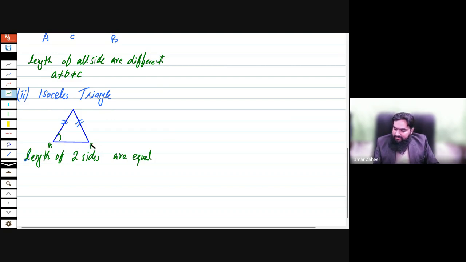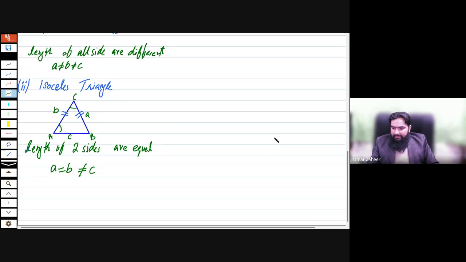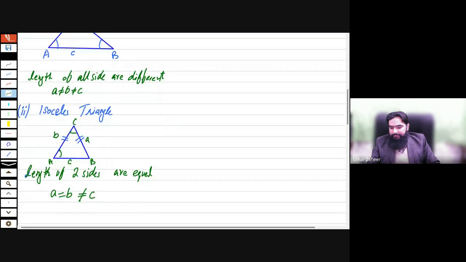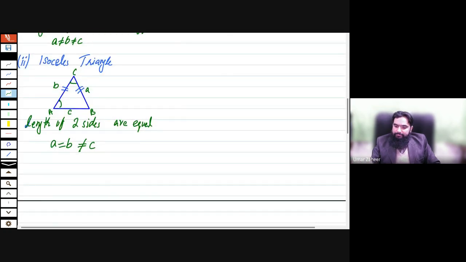Let's say it is A, B, C. It will be small a, small b, small c. So let's say A is equal to B, but not equal to C. We have any two sides that are equal. Now the last type on the basis of their sides, anyone knows?